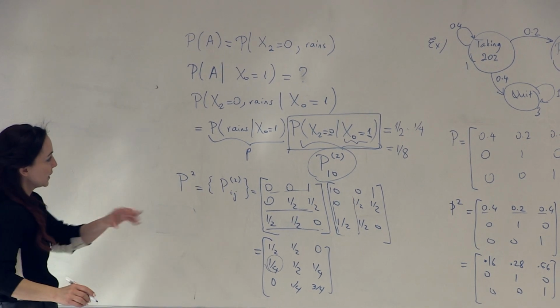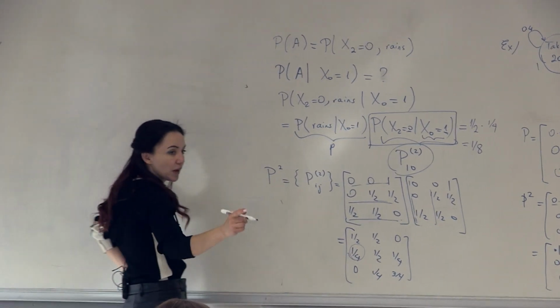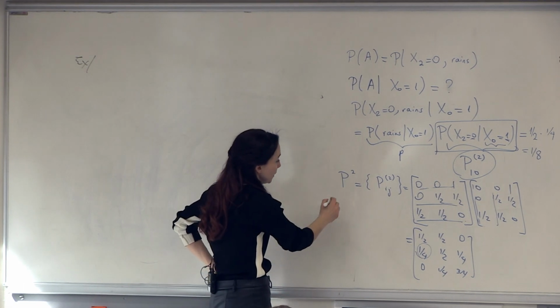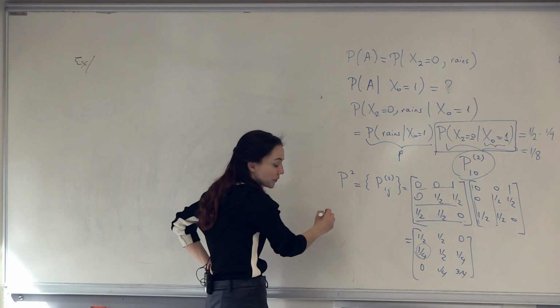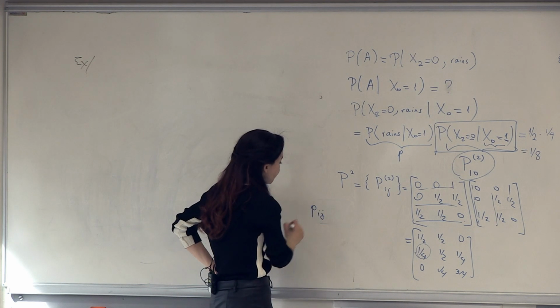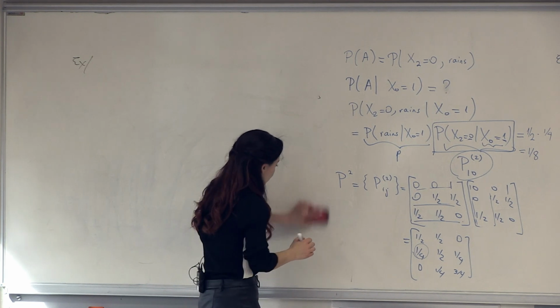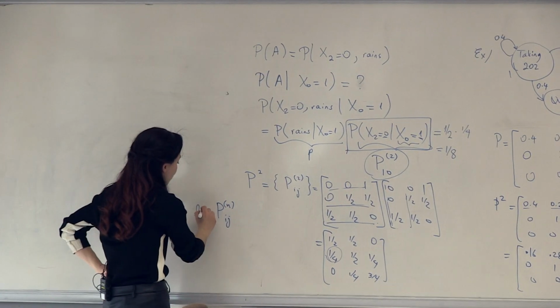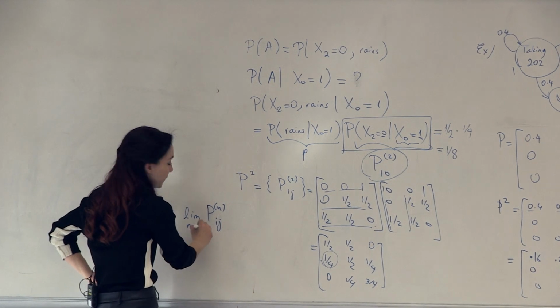And basically, again, to answer your question with writing the transition probabilities down, you asked about Pij^n as n goes to infinity, essentially.